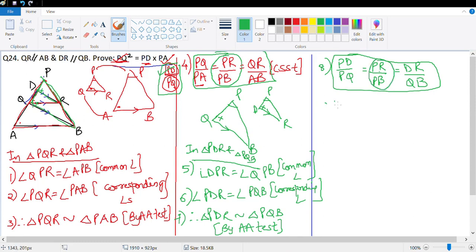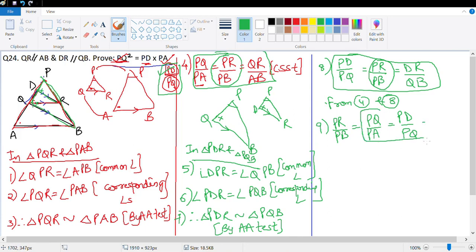So from 4 and 8, what I get is PR upon PB is equal to PQ upon PA and it is equal to PD upon PQ. So let's just combine these two and what I get is PQ square is equal to PA into PD. Not PB, PD.